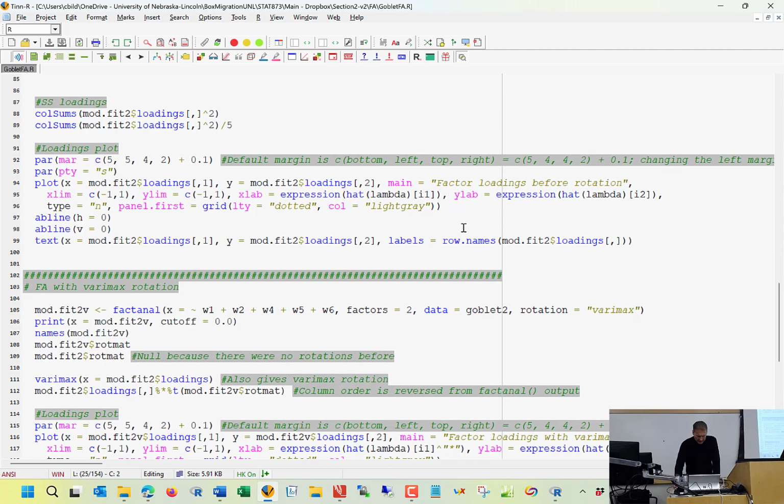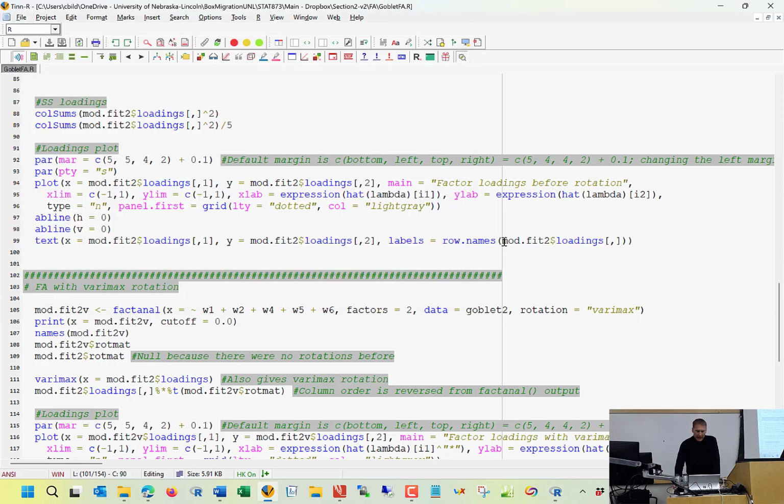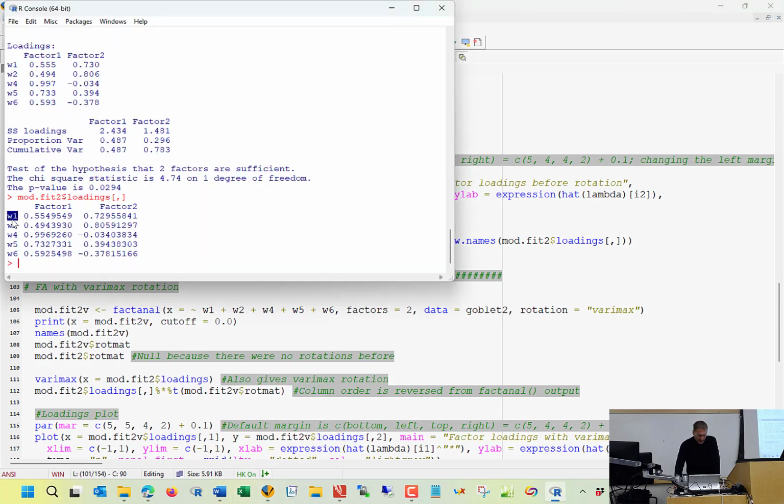Let's see here. So here again are those estimated factor loadings. Notice how R has put some names associated with each row. Notice you don't see anything above it, so it's not an actual variable; it ends up being a matrix.